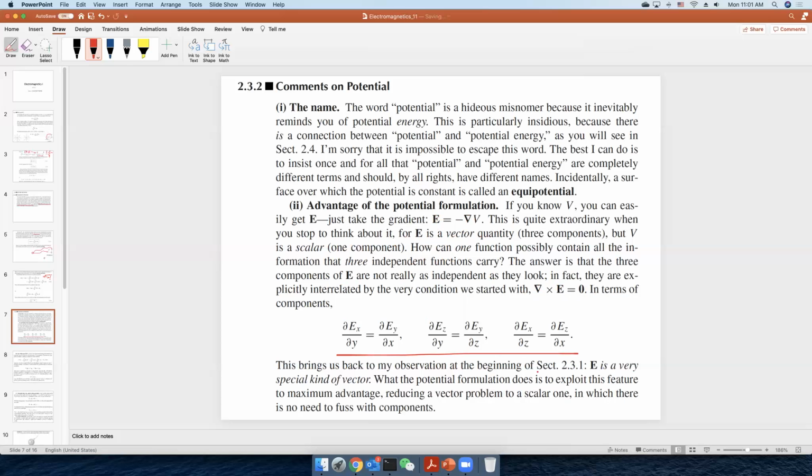So E is a very special kind of vector. What potential formulation does is exploit this feature to maximum advantage, reducing the vector problem to a scalar one in which there's no need to fuss with components.